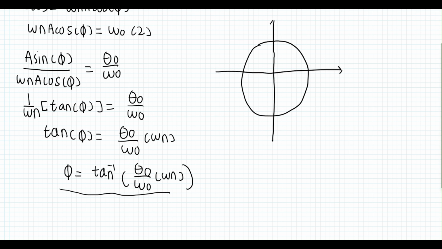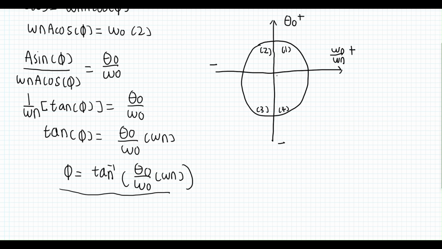We'll label this axis here as omega naught over omega n, and we'll say this is the positive side of the axis, and that's the negative. And we'll label this axis as our initial displacement, theta naught, and we'll label this as the positive side of the axis, and this is the negative. So we have four quadrants: 1, 2, 3, 4.